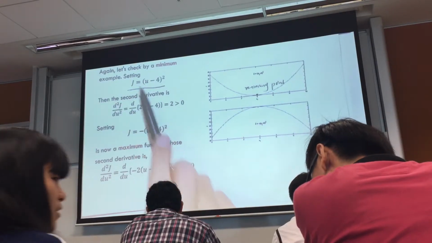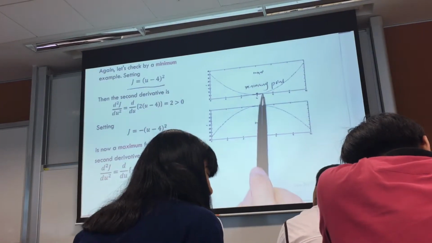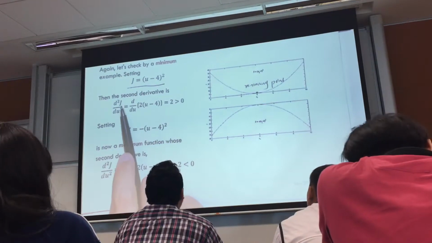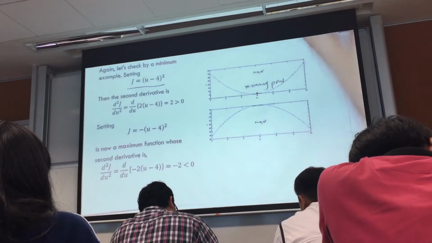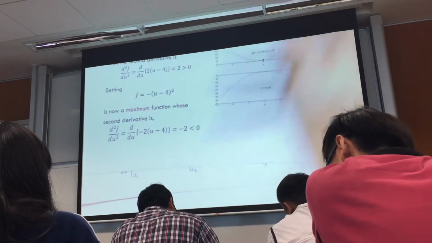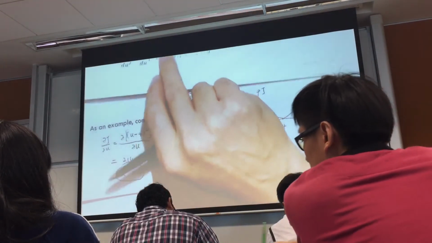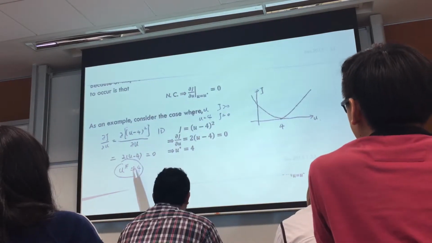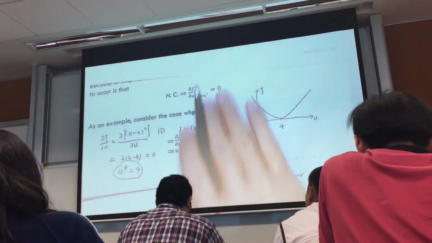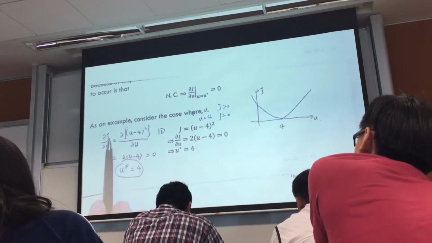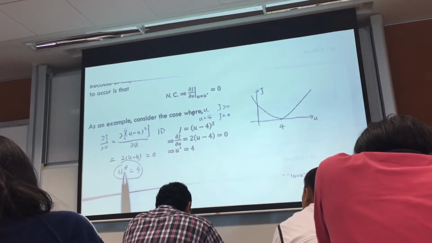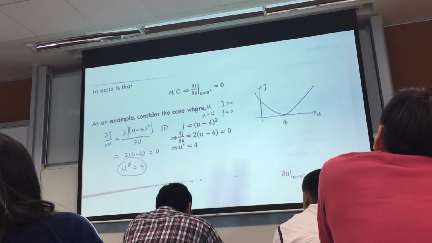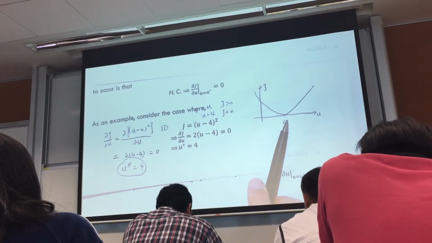To verify this point is really a minimizing point, we can calculate the second derivative. From our previous step, we already determined that if we calculate this dJ/du, the first derivative, equal to 0, you get the potential location to be u equal to 4. We only got one potential location.